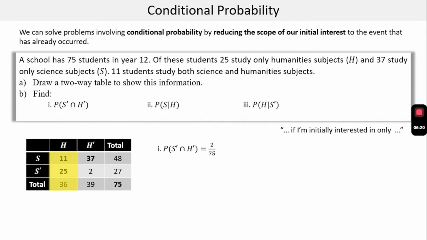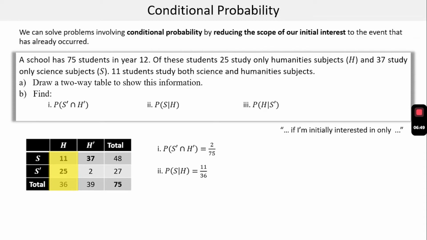So the total number of students represented here is 36 students. So now, what is the probability that somebody picked from these studies a science subject? It's going to be 11 out of 36. I've reduced my scope of initial interest.